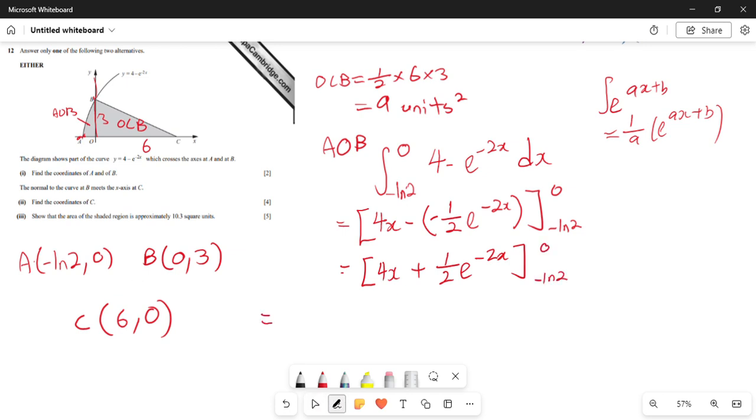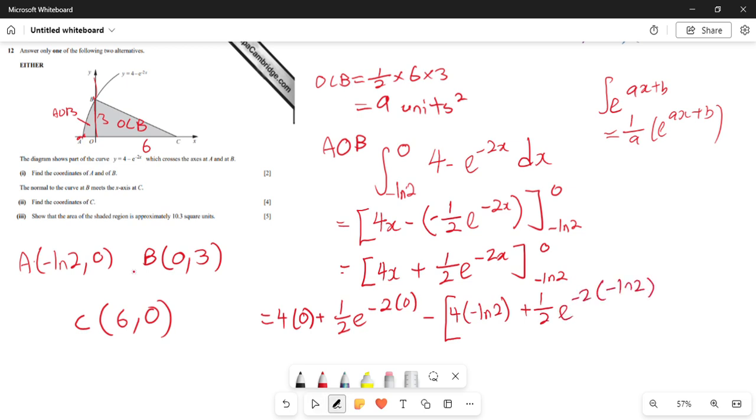Now it's time to solve it. Substitute the upper boundary, which in that case is 0, and then minus the lower boundary, which is going to be 4 times negative ln 2, plus 1 over 2 e negative 2 times negative ln 2.